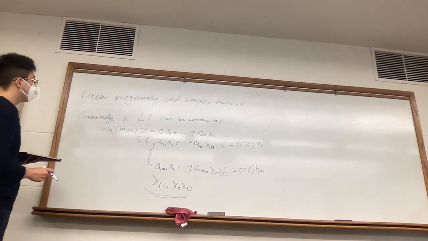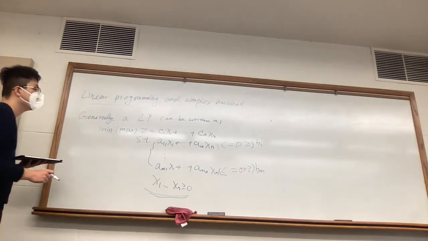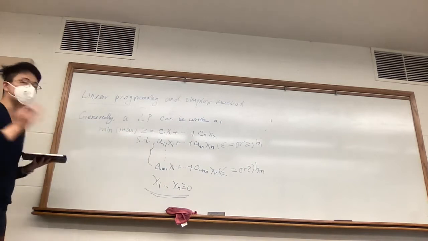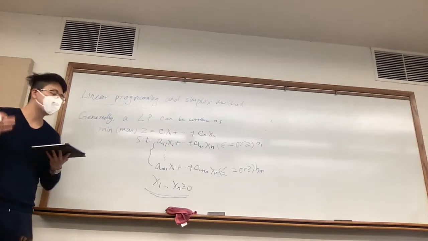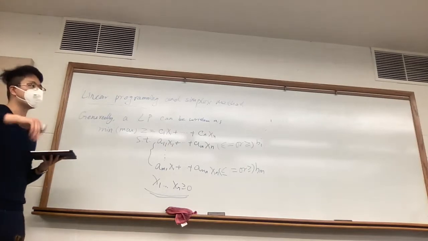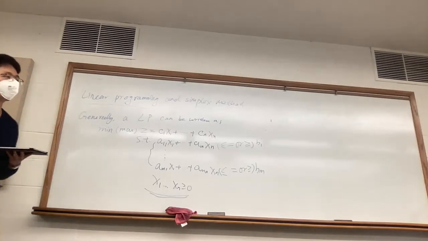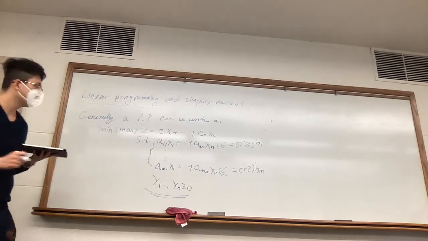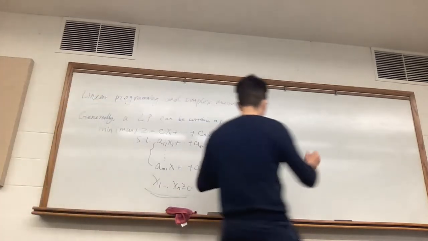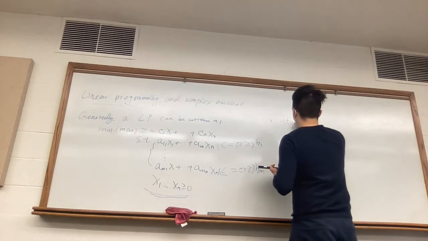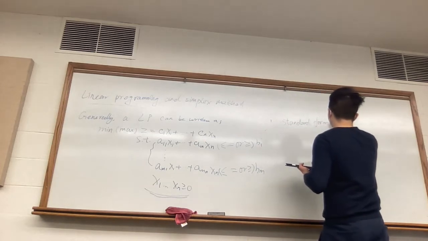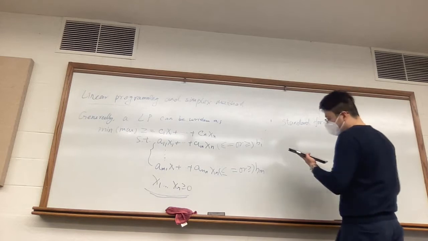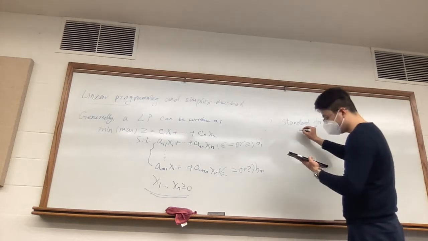So you see that any linear programming, you can just write in this form, but this is not standardized enough. So in order to come up with some method to solve the general linear programming problem, we need to standardize it. So the standard form of LP, you can just write in this way.